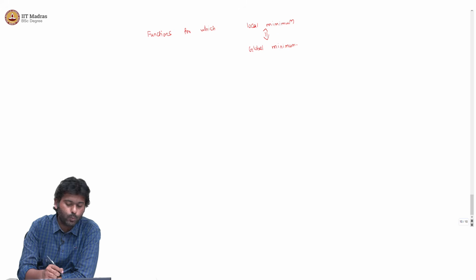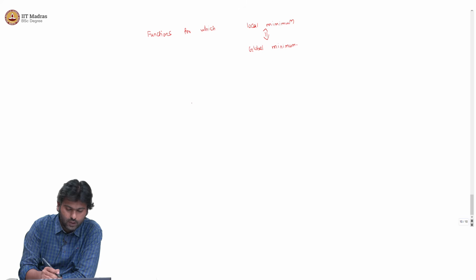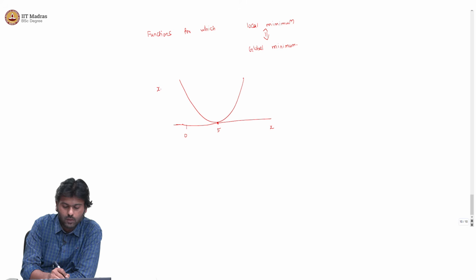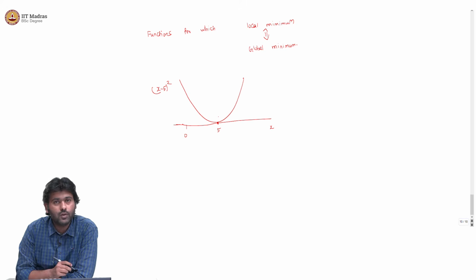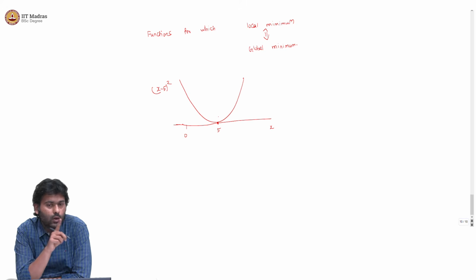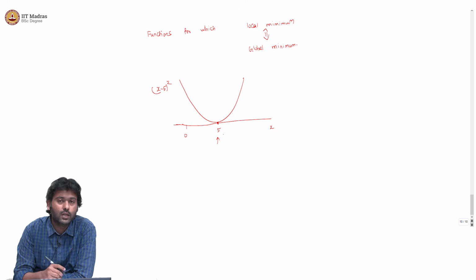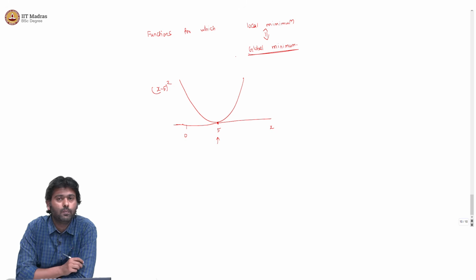Here is a simple example that we already saw, which was our favorite example so far, which is x minus 5 squared. For this particular function there is only one local minimum, which is 5, and it turns out this 5 is also a global minimum.